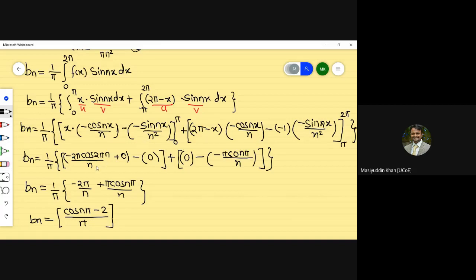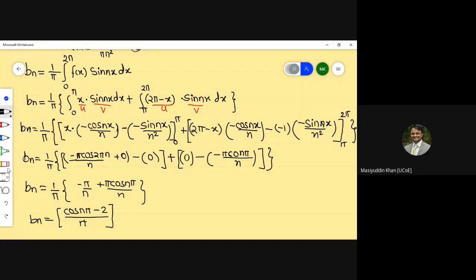एक मिस्टेक हुआ है हमसे यहाँ पे, लेकिन किसी ने ऑब्जर्व नहीं किया. While putting the upper limit here, it will become only pi. So this is not 2 pi. So this is again minus pi.